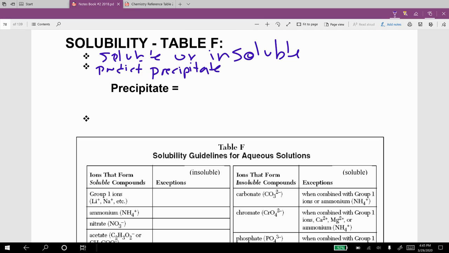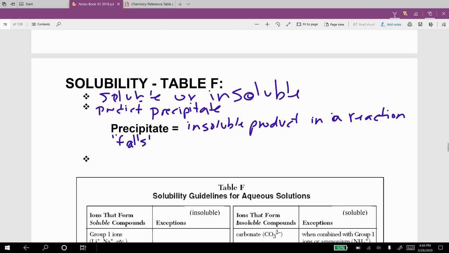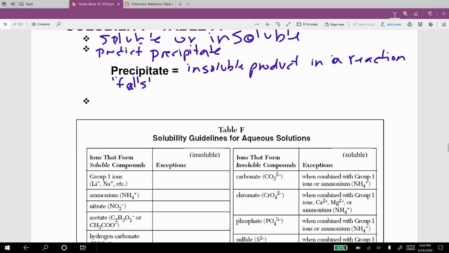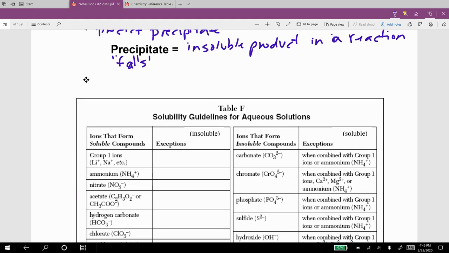So basically, a precipitate is an insoluble product in a chemical reaction, and it basically falls out of solution. And so it basically just gets all yucky.